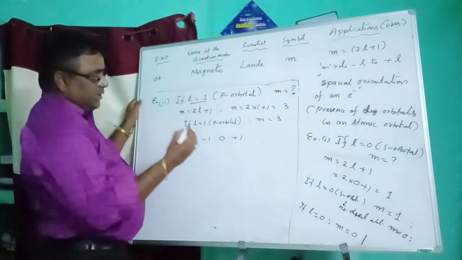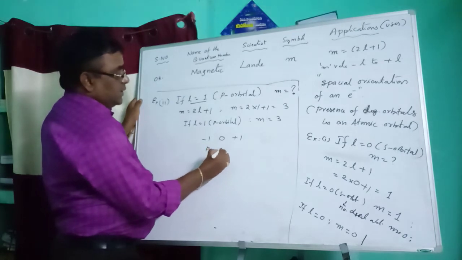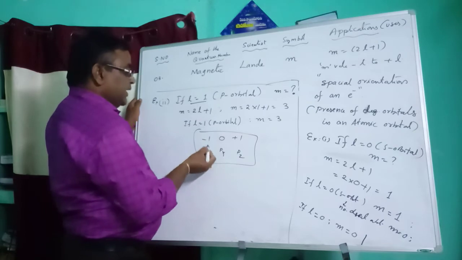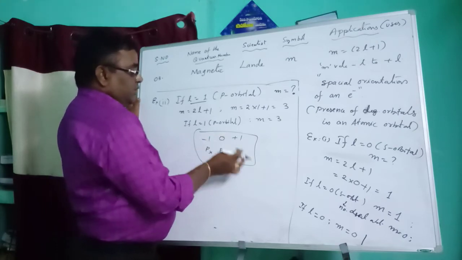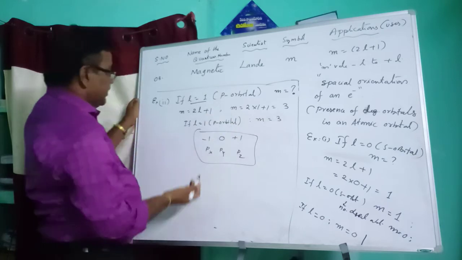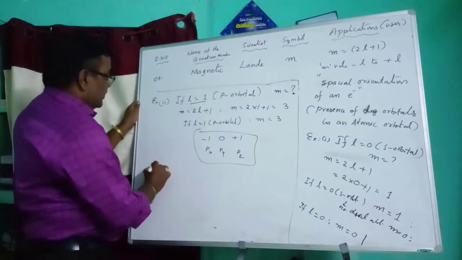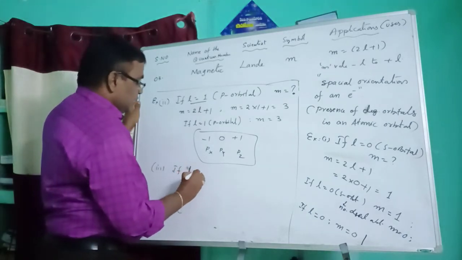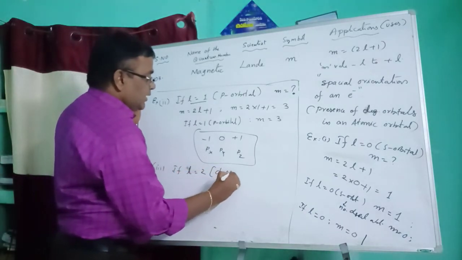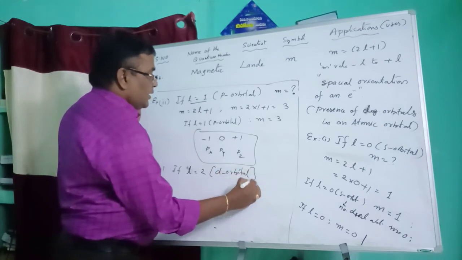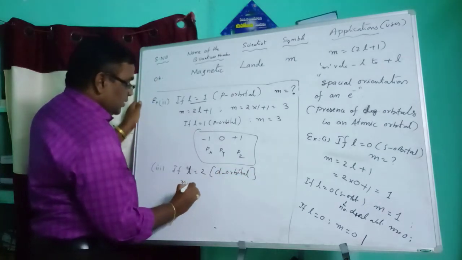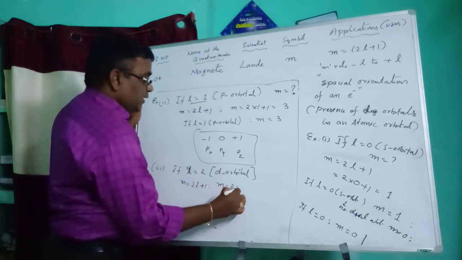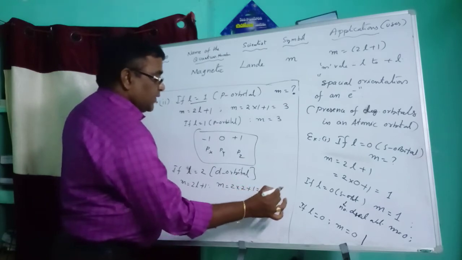We know that p orbital has 3 types: px, py, pz. What is the M value for px? Minus 1. For py, 0. For pz, plus 1. So M is equal to 3. The last example, third one: if L is equal to 2, that means d orbital, then M is equal to 2L plus 1, which is 2 into 2 plus 1, equal to 5.